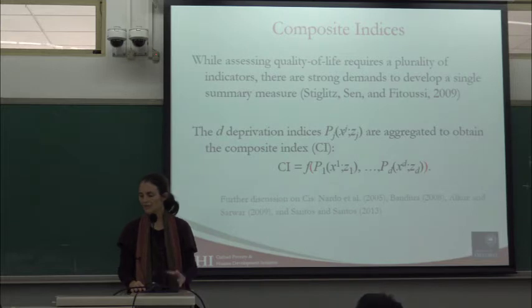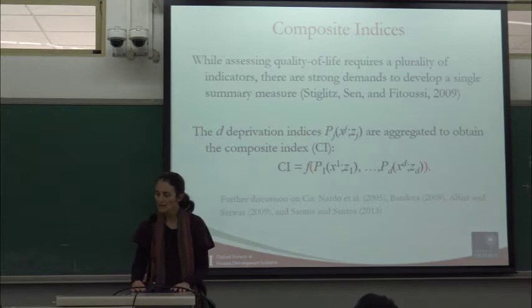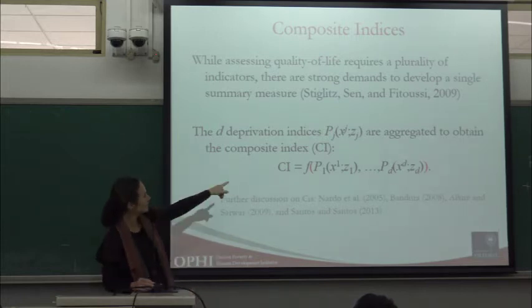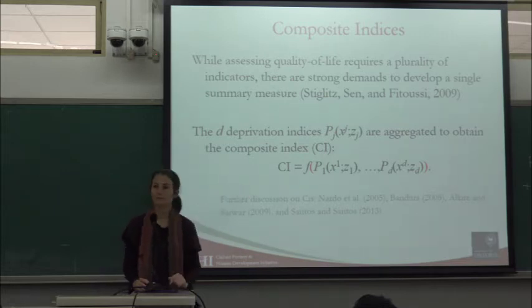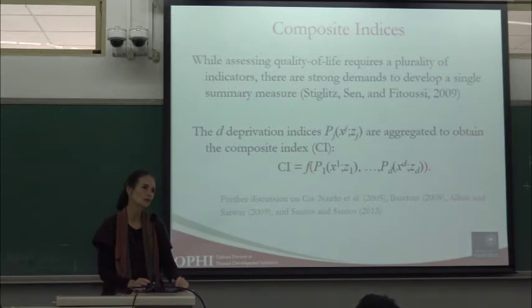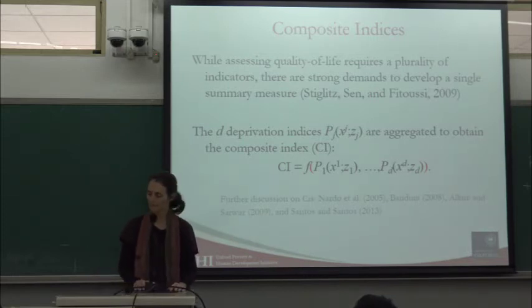So the Stiglitz-Sen-Fitoussi Commission, for example, recognized the need to develop a single measure of quality of life. And so what happens is that you take this dashboard we just went through of different indicators, and you aggregate them into a composite index using some functional form. There's a whole literature on this.